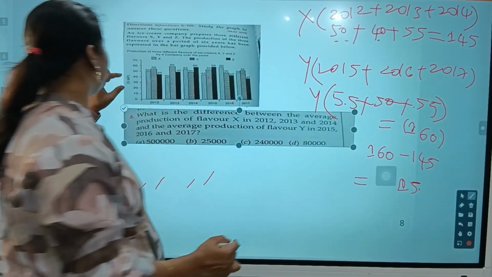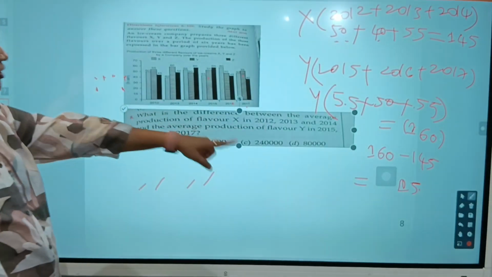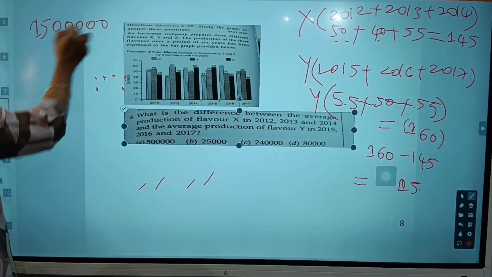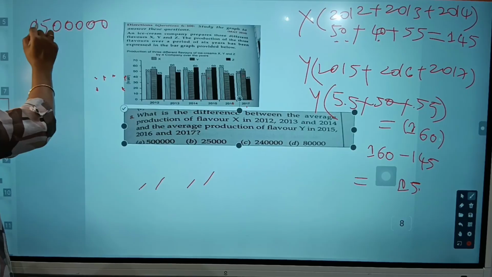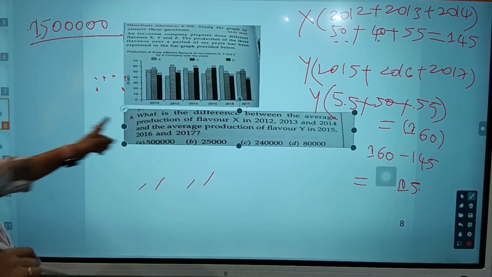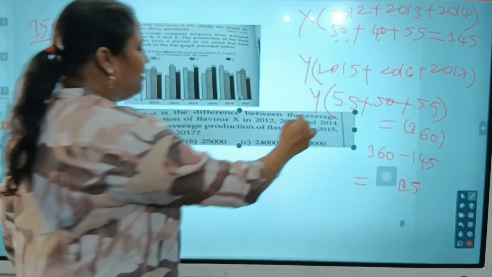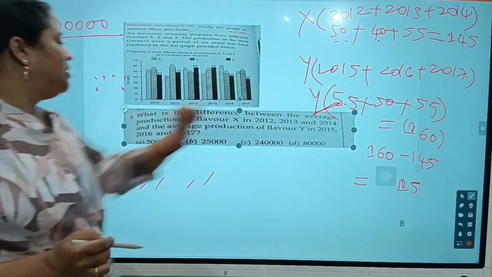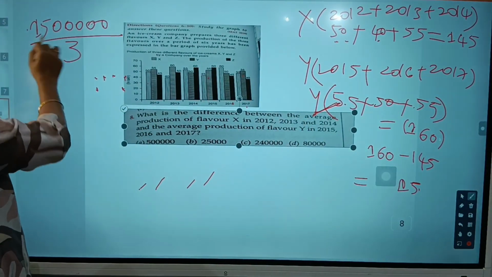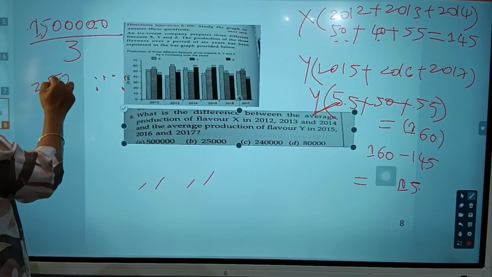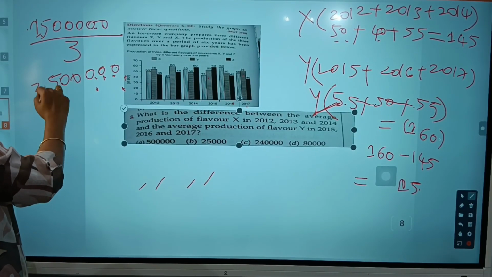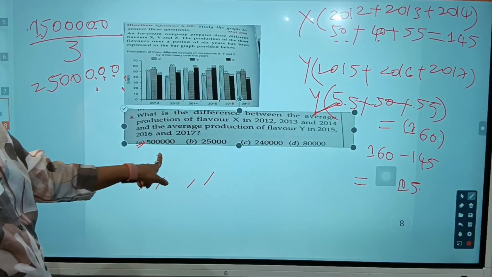But the graph is in lakhs, so we have to take it as 15 lakhs. Find the difference between the averages. So by 3 it is coming to 5 lakhs. So A is the answer.